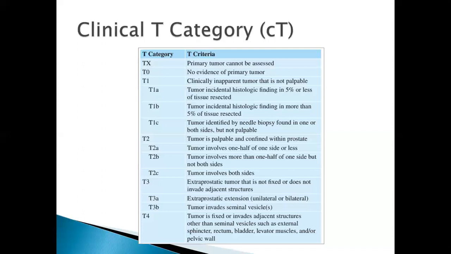Now, because the definition of a T1 or T2 or T3, whatever that NOS code is, is basically going to have the same information that's in T1A, 1B, and 1C, okay? So everything, T1A, T1B, T1C, would all fit in T1. It's a NOS code. So that T1 includes all three of those categories, okay?